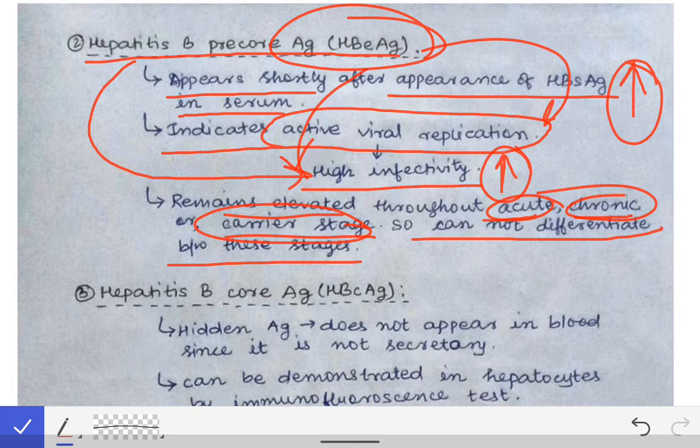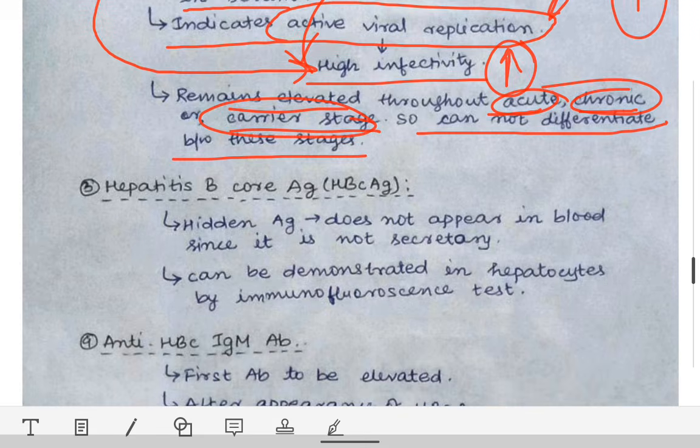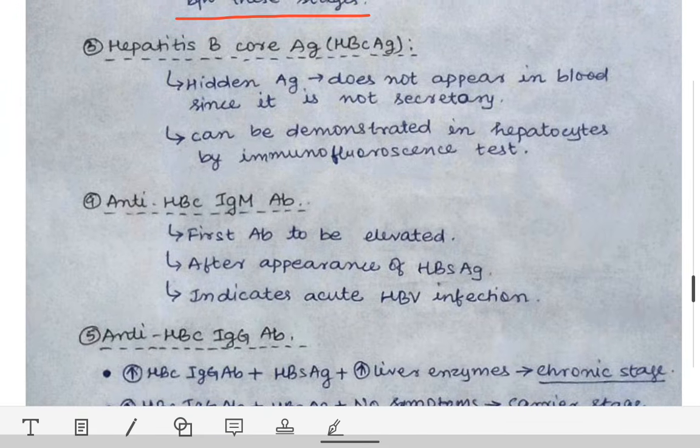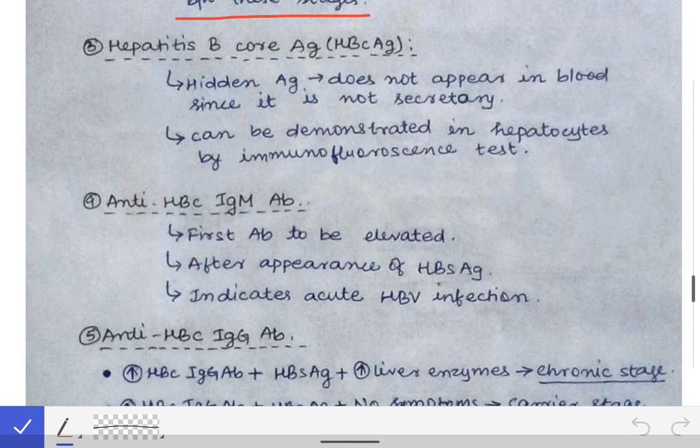But with the help of the HBs antigen, the surface antigen, we can say that it is an acute stage. Remember the points.